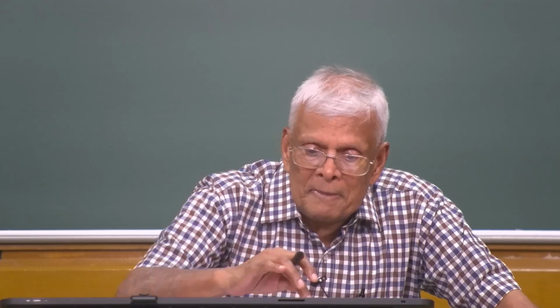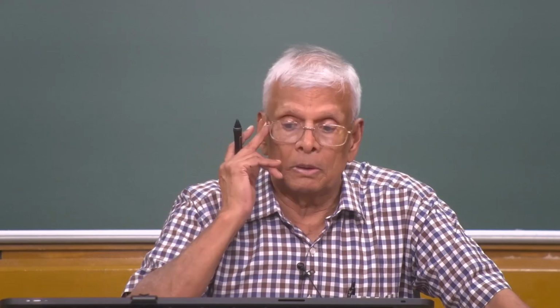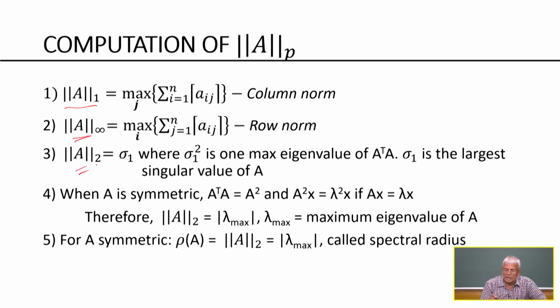So it is the maximum of the absolute sum of the columns. So that's the one norm. The maximum of the absolute sum of the rows, that's the infinity norm. The 2 norm is essentially sigma 1, and sigma 1 squared is the maximum eigenvalue of A A transpose. That means sigma 1 is the largest singular value. You remember the singular value I introduced earlier?